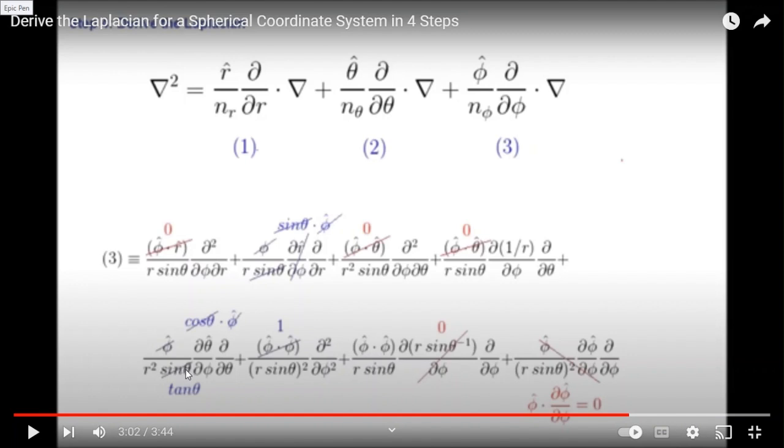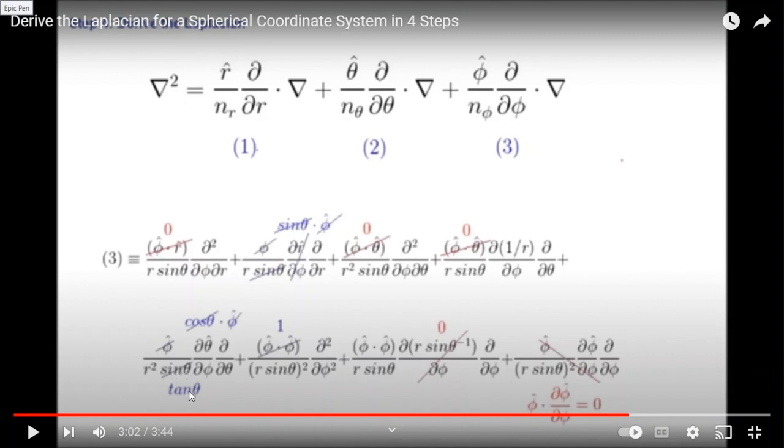And then we've got cosine theta, dot phi, and the phi up here becomes phi times phi, which is 1. And let's see what happens. All this nonsense turns into stuff, and we should end up with 1 over r squared.